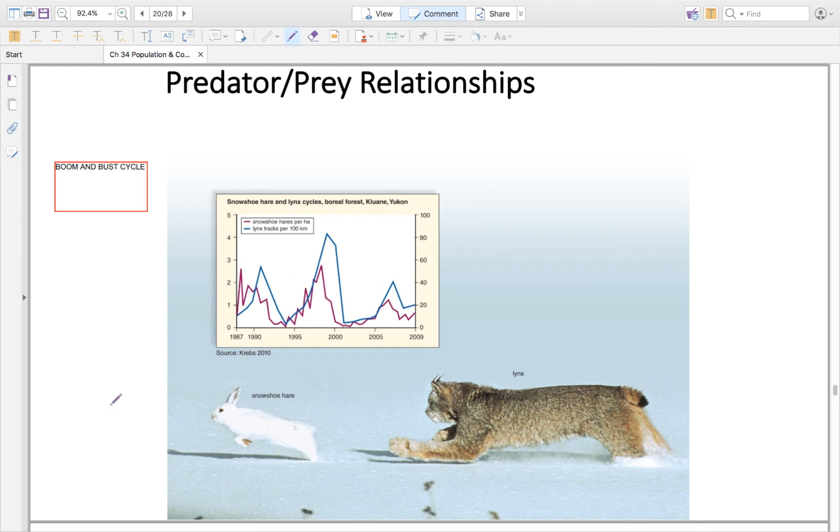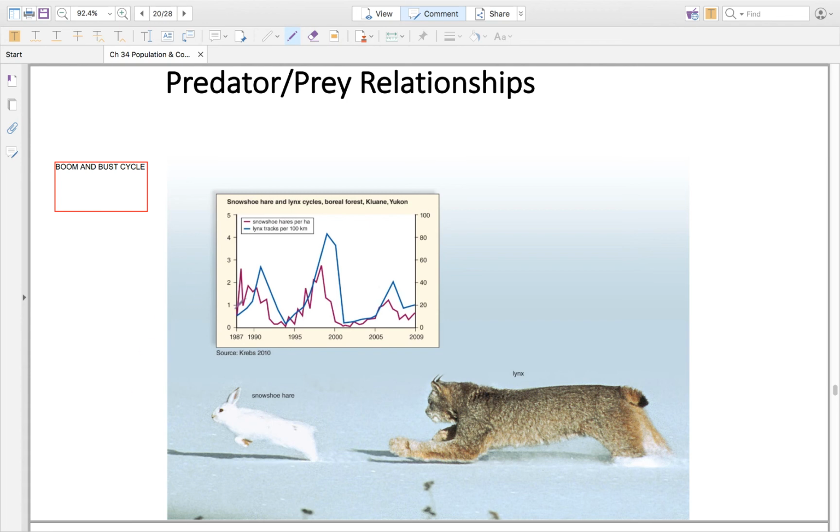This is an old study that actually goes back into the 1850s. But the fact is this: if a predator eliminates its prey, let's say this lynx just wipes out the snow hare, then what? Well, they're going to suffer.